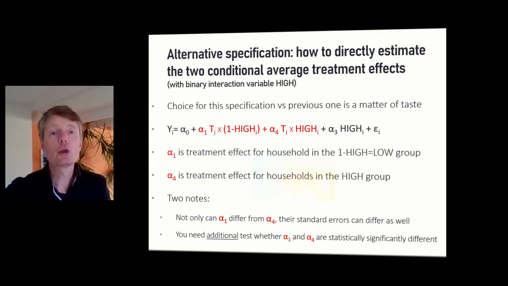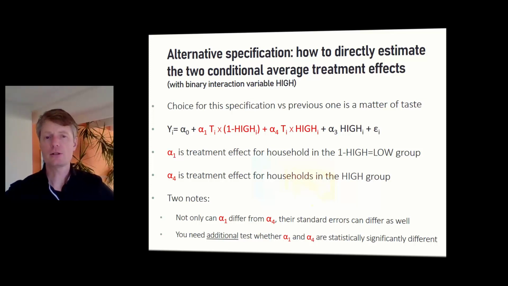Now, there's actually also an alternative way of estimating this model, and I'm going to show it to you because both models are used in the literature, so you should be familiar with both. And you may want to use this alternative model yourself too. It's just a matter of taste, really, which one you are going to use. How does that look? As follows. In this case, the estimation equation is alpha 1 times T times (1 minus high), so basically the high is 0 group, plus alpha 4 times T times high.